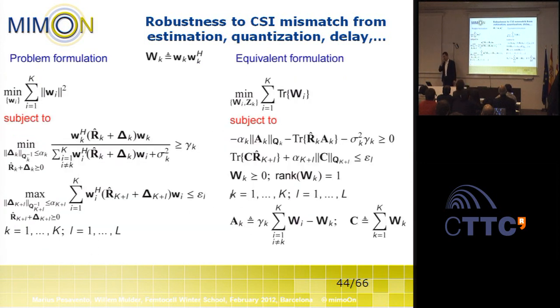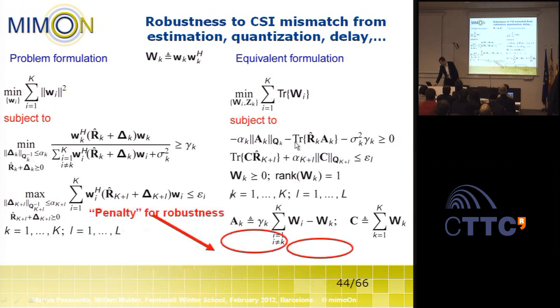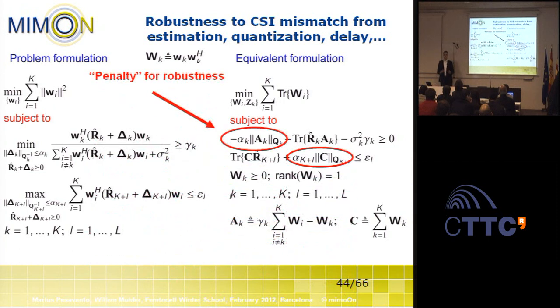Interestingly, we could convert this problem of infinitely many constraints into an equivalent problem which in fact has a finite number of constraints, and I don't want to go into all the details, but this optimization problem has a very interesting structure.